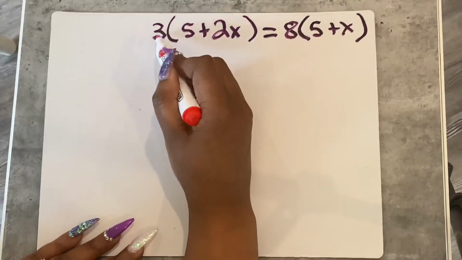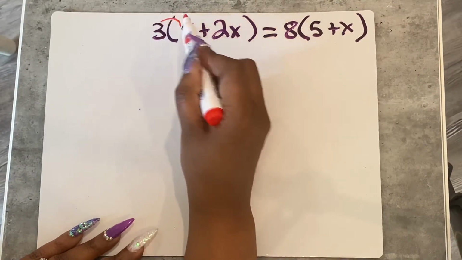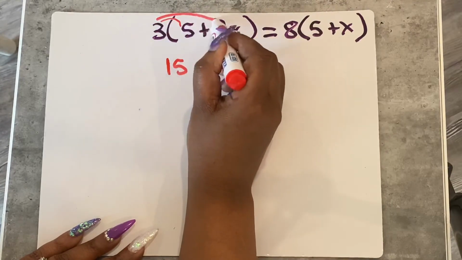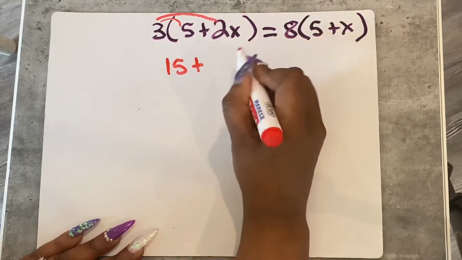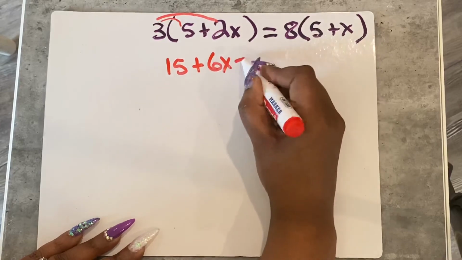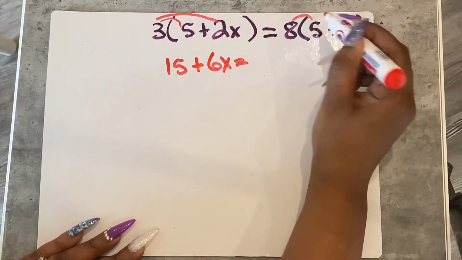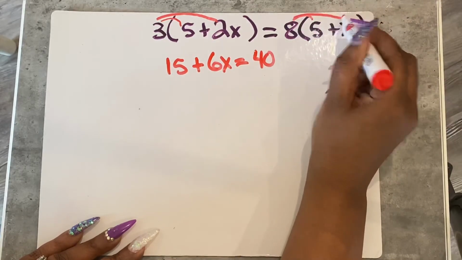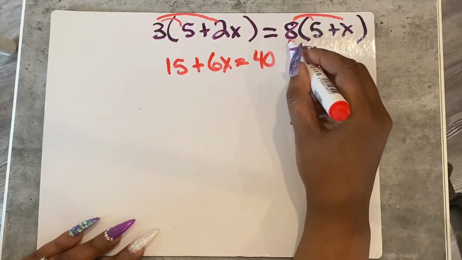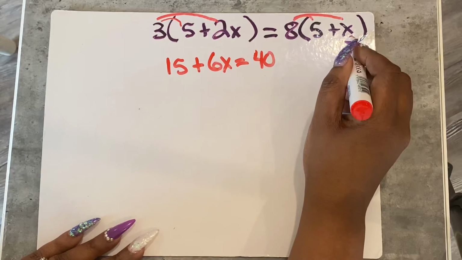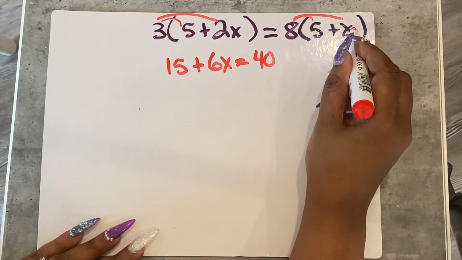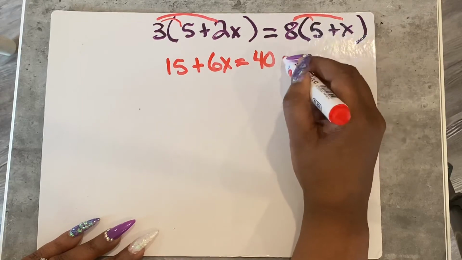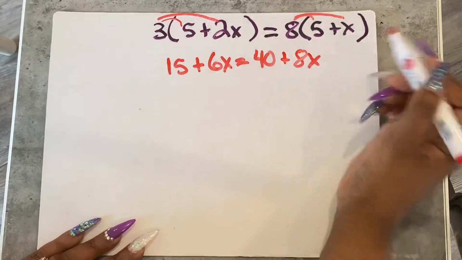So I have to do 3 times 5, which is 15, and 3 times 2x, which is 6x, and then 8 times 5 over here, which is 40, and 8 times x. Remember I said anytime you have this plus your variable that has nothing in front of it, we pretend there's a 1. So we would say 8 times 1x is going to give me 8x.